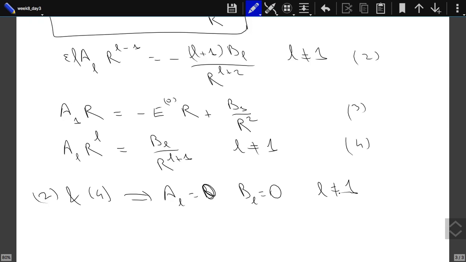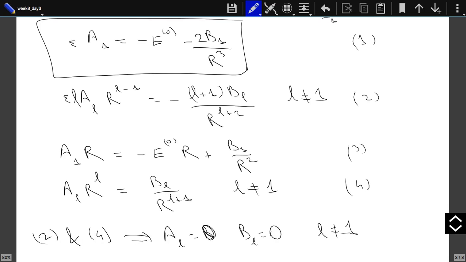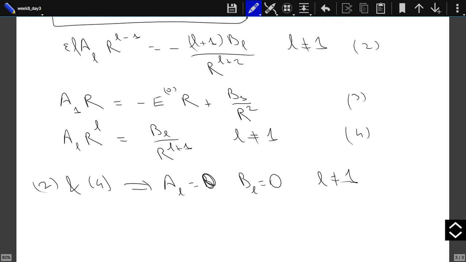Well, that kind of simplifies my life. In this sum of infinitely many terms, only one of the terms is non-zero. Now let's look at the coefficient of that term. You see, on one hand, equation 3 tells me that A1 is equal to minus E0 plus B1 over R cubed.